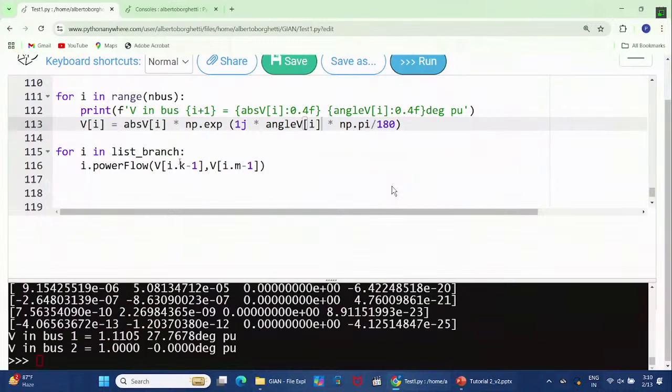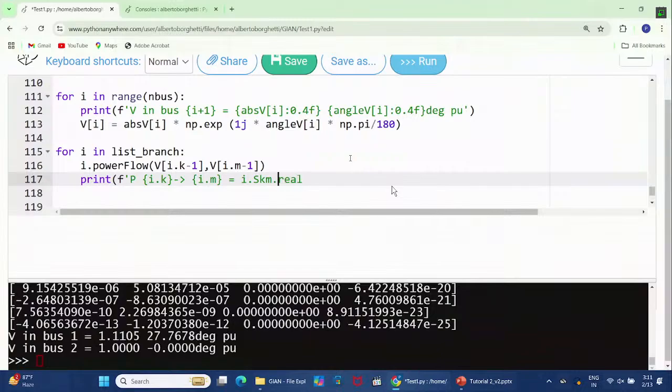We do not have the printing of the flow, but we can print here. So we can print in an f-string, for example, the active power P. We can say the initial bus, it is i.k, and we can put a symbol like this to say the direction, then i.m. So this is the power from k to m, it is equal to what is stored in i.skm, but it is the real part, so it is .real.